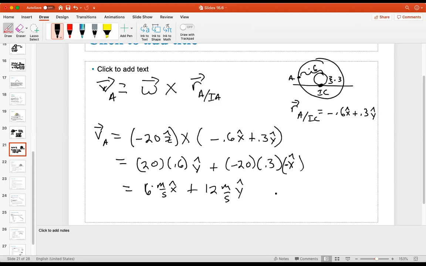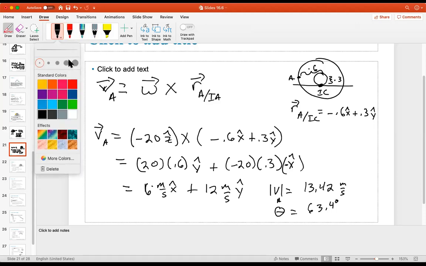Or writing it with magnitude and direction, the magnitude of the velocity of A is 13.42 meters per second, and the angle is 63.4 degrees.